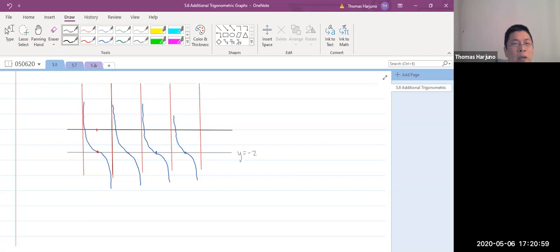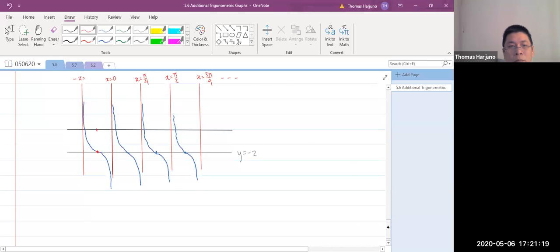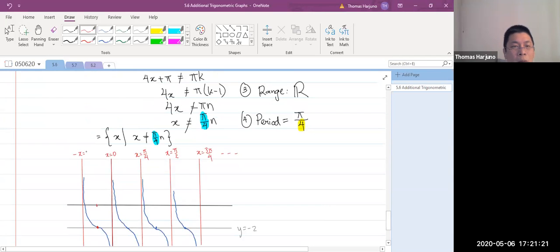This is my x equals 0, x equals pi over 4, x equals pi over 2, x equals 3 pi over 4, and so on and so forth. This is x equals negative pi over 4.